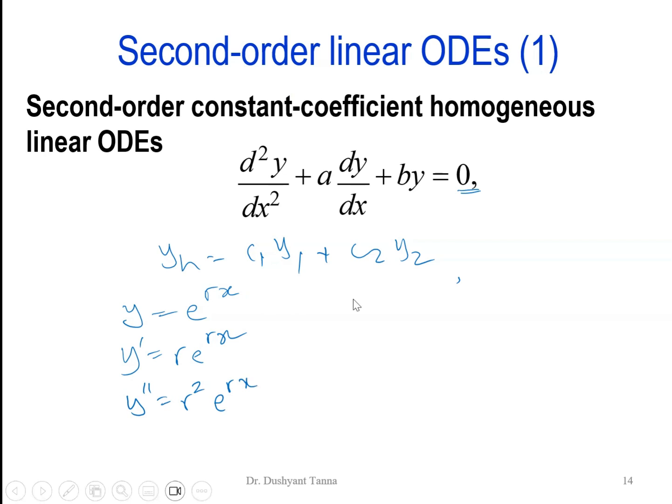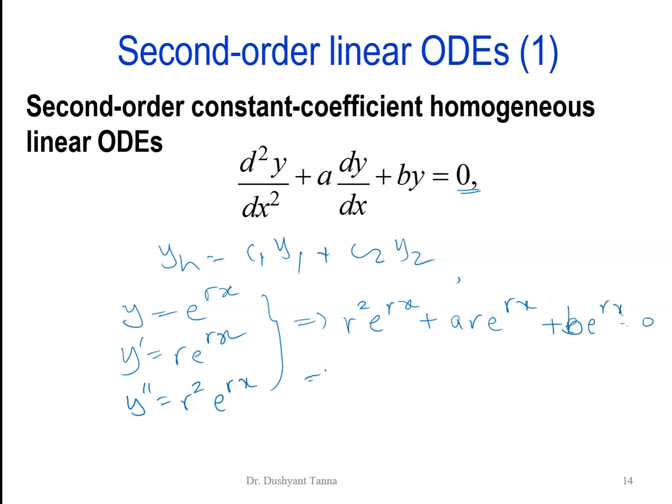Once you plug that into the equation, what will you get? r squared e raised to rx plus a r e raised to rx plus b e raised to rx is 0. Let's take e raised to rx outside: r squared plus ar plus b is 0.